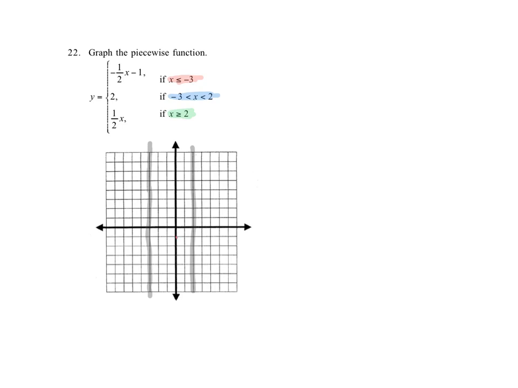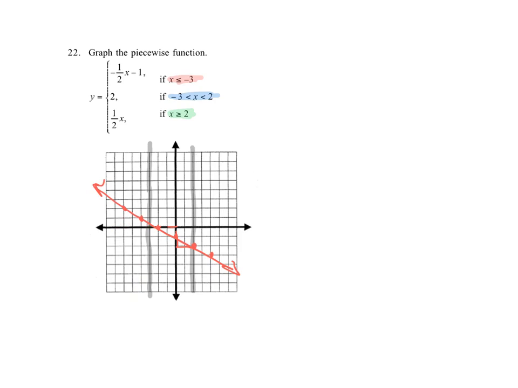So we start at -1. And my slope is -1/2, so I'm going to go down 1 and over 2. And I'm going to go up 1 and back 2. So I can get a nice straight line. And I'm only interested in x values that are less than -3.